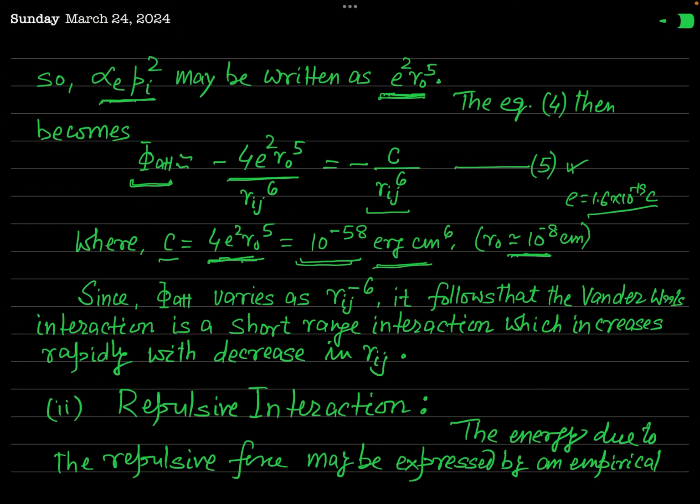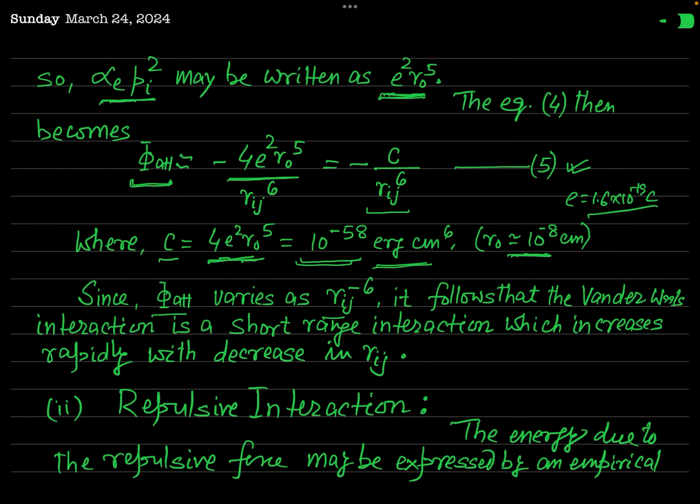So this equation 5 defines the energy of interaction or potential energy which is developed due to the dipolar interaction or van der Waals interaction between the two atoms. Now you can see that this energy is inversely proportional to rij to the power 6, so phi attraction varies with rij to the power minus 6.